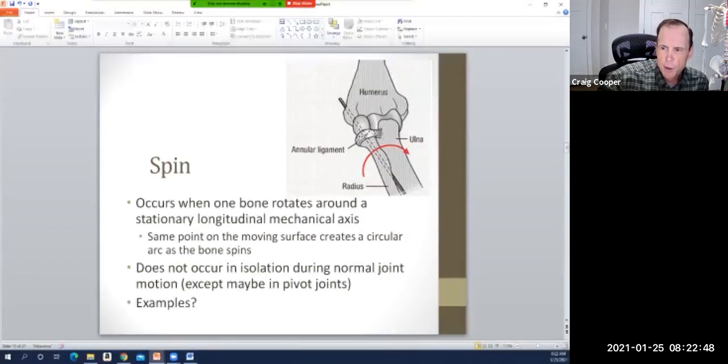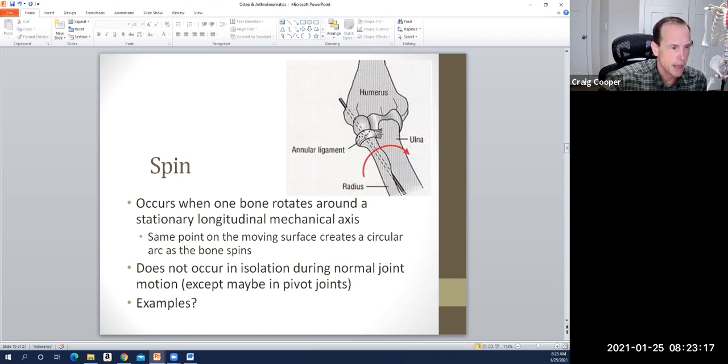The second major bullet point says it doesn't occur in isolation during normal joint motions. And I was like, well, it pretty much does when we look at just doing pronation and supination. We can isolate just pronation and supination and that spin can occur. Where it doesn't tend to occur in isolation would be more with our ball and socket joints. If I'm doing hip flexion and hip extension, then it's going to spin while you're accomplishing those motions.